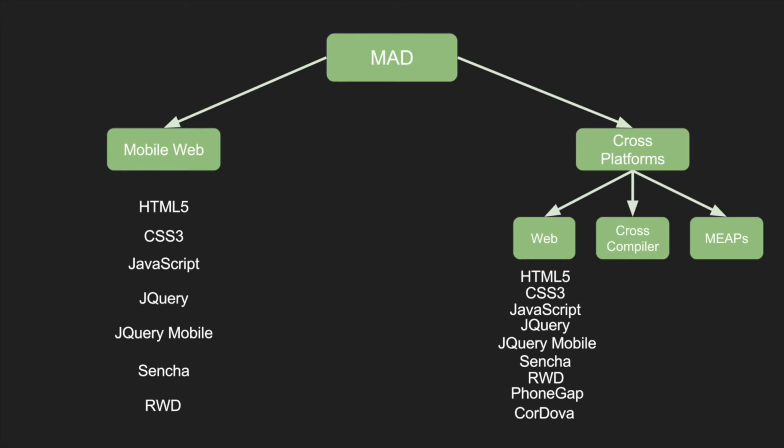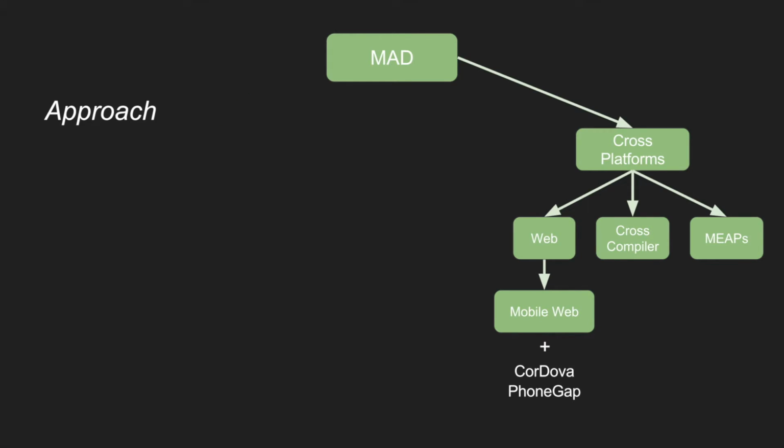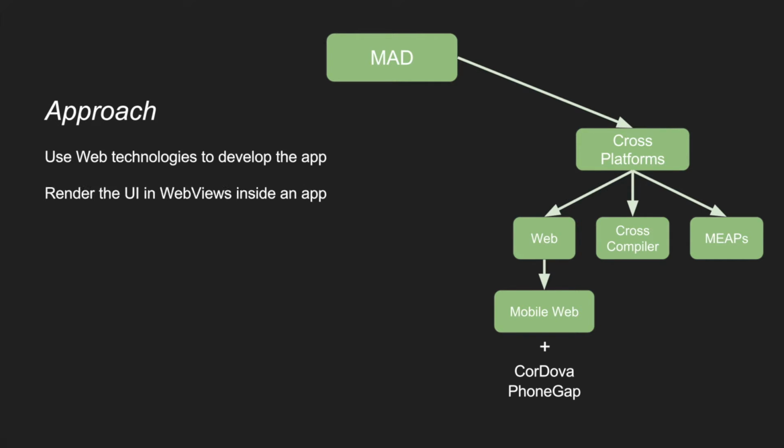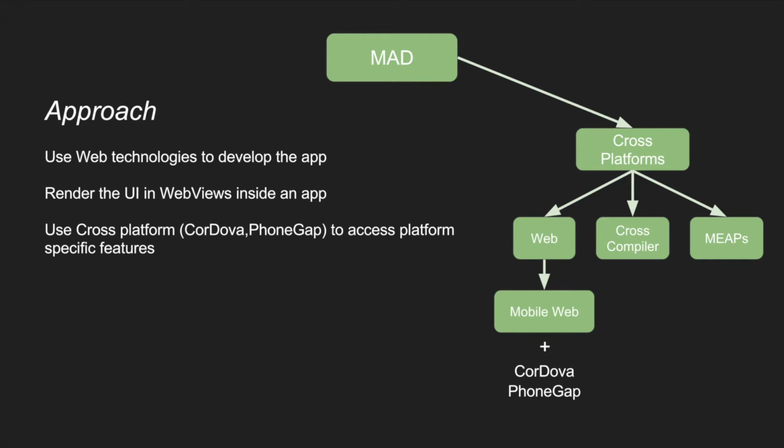Now let us go through the mobile web cross-platform methodology. It is an approach where you use web technologies to develop the app and render the UI in web views inside an app. It is not a browser, but it is a browser inside an app. You use a cross-platform tool such as Cordova or PhoneGap to access the platform-specific features.